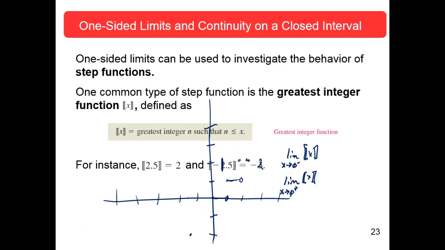Okay? And then there's your 2.5, and an open circle here, closed circle here. And then like this, open circle there, closed circle here, all the way over, open circle, and so on and so on. That's why we call it a step function.